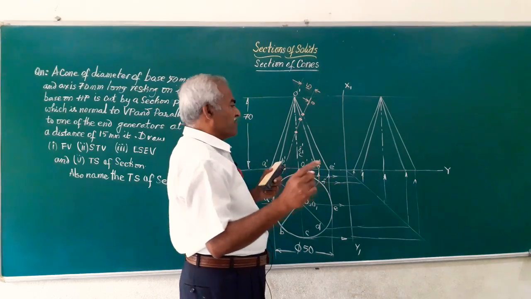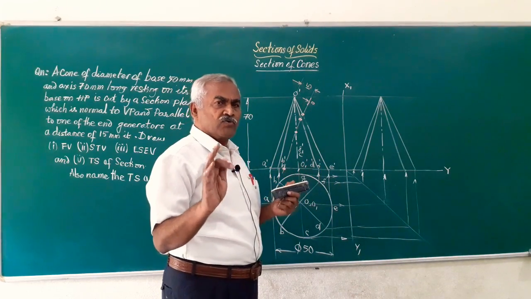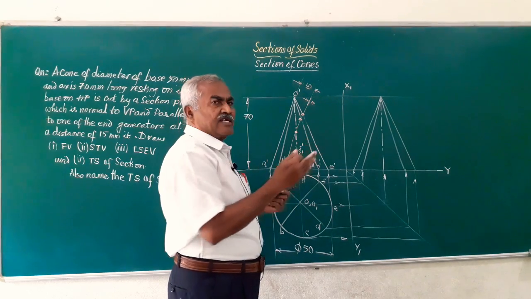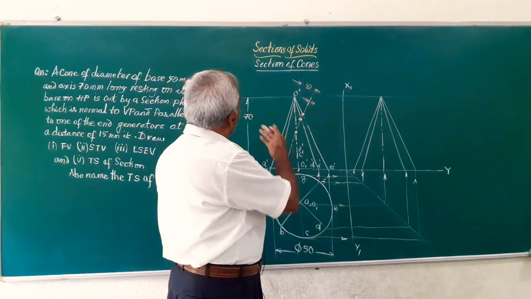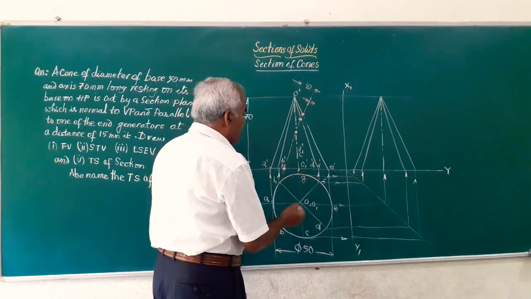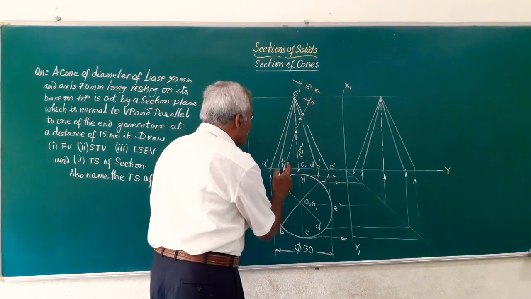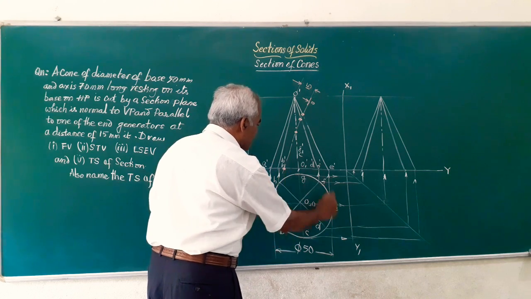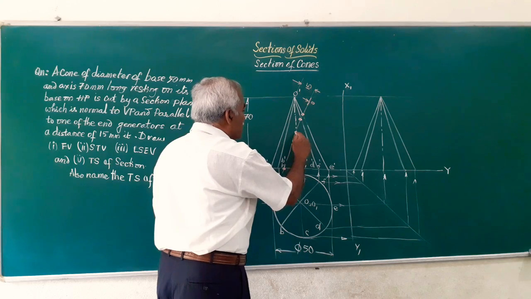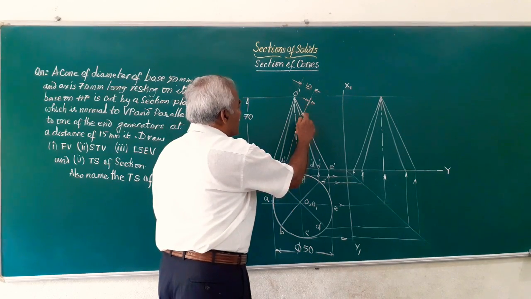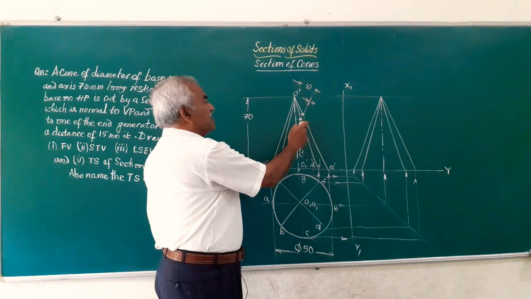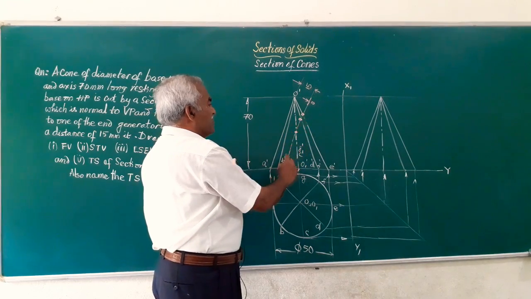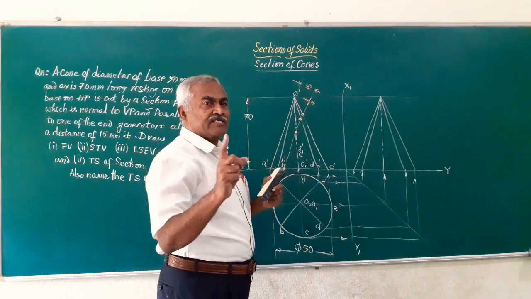So friends, basically in the figure, either in the sectional end view or in the sectional top view or in the so-called true shape, how many points are you going to have? So this point is on the base. So there will be 2 points on the base circle and 2 on this OC, OE, 2 here and 1 point. So basically 2 plus 2 plus 1, 2 plus 1. Total there will be 6 plus 1, 7 points you are going to get.